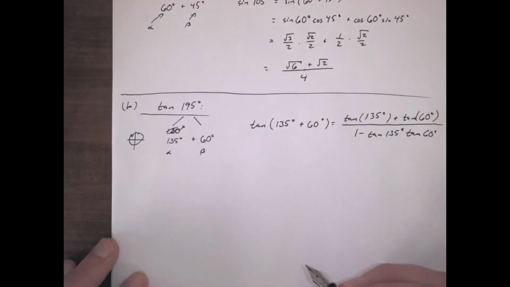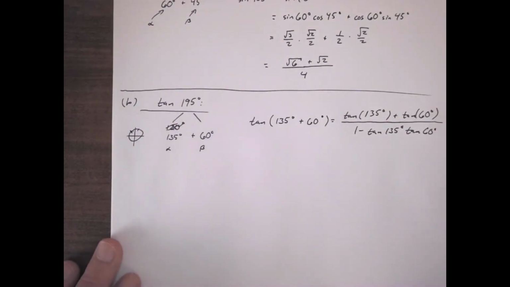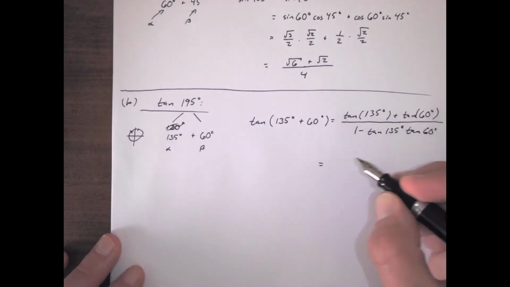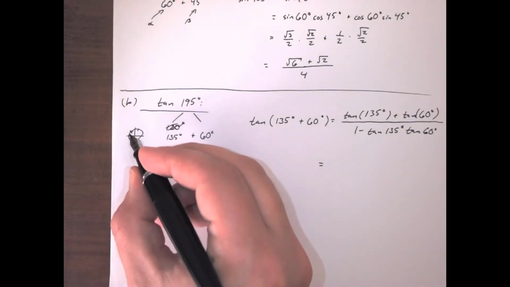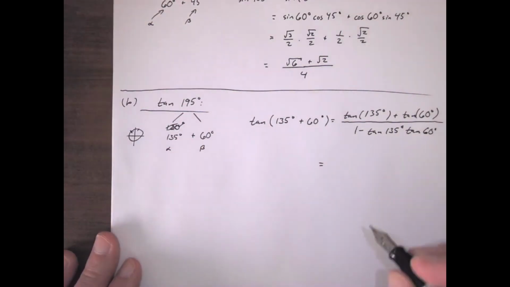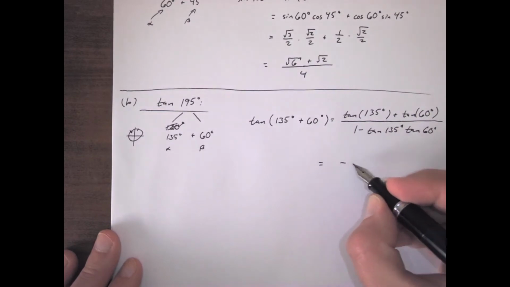Now 60 degrees, that's the higher one, which means it's steeper, which means the tangent is root 3. 135, that's the 45 degree angle, but in quadrant 2, so that means the tangent will be negative 1.